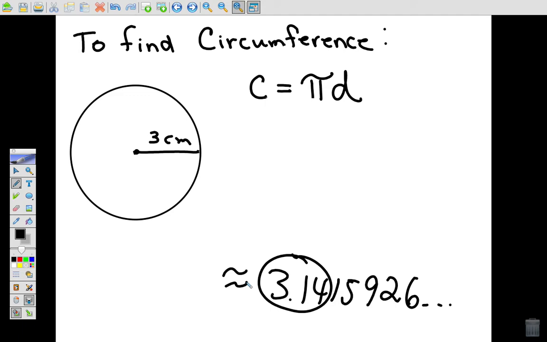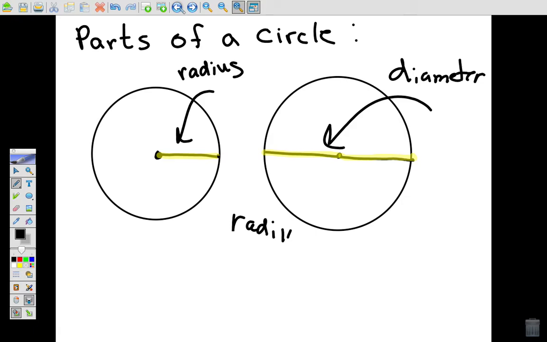Just quickly, I want to talk about where pi came from. Where did this value come from? People a long time ago, starting with the Greek civilization, tested a lot of circles.